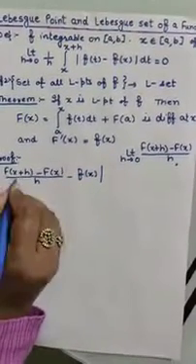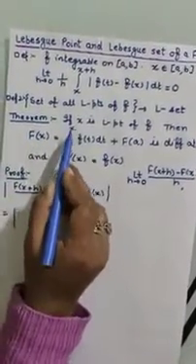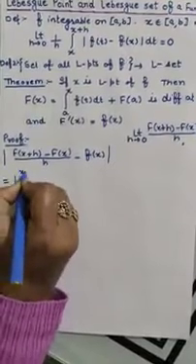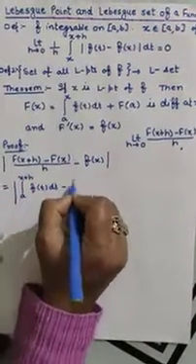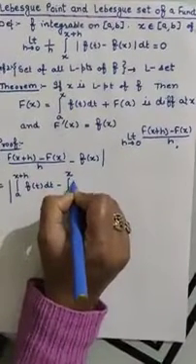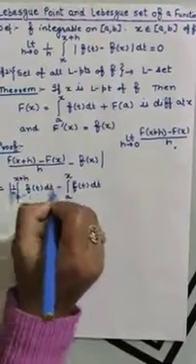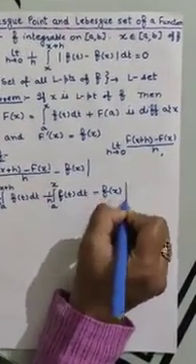Now what is the value of F(x+h)? As we know that F(x) is the integral from a to x, so F(x+h) will be the integral from a to x+h of f(t) dt minus the integral from a to x of f(t) dt. 1/h is in both the terms, and minus f(x).